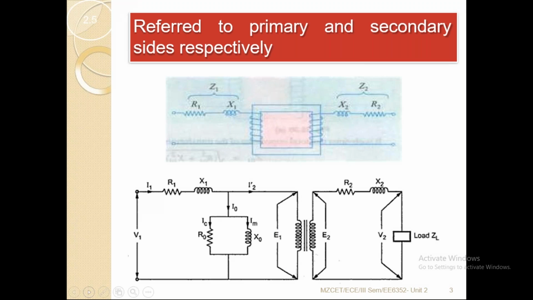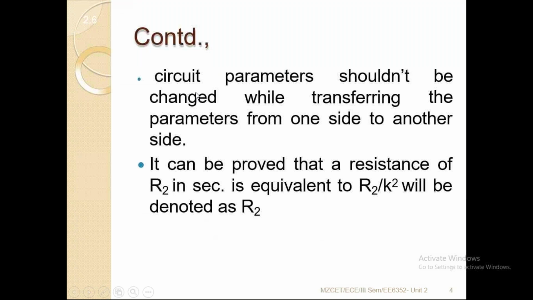Next, see here, circuit parameters cannot be changed while transferring a parameter from one side to another side. If the resistance is 10 ohms, the 10 ohms resistance does not change by itself, but it is additionally modified by the transformation ratio. It can be proved that the resistance R2 in the secondary is equivalent to R2 by K square.